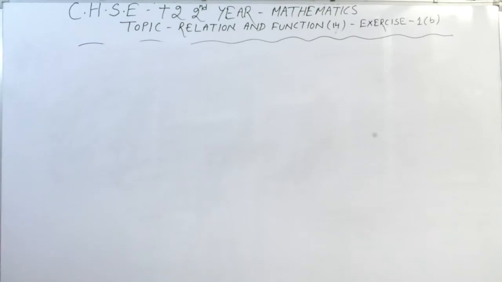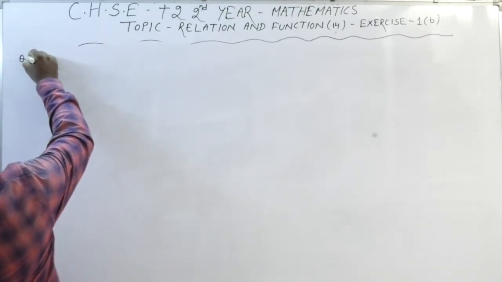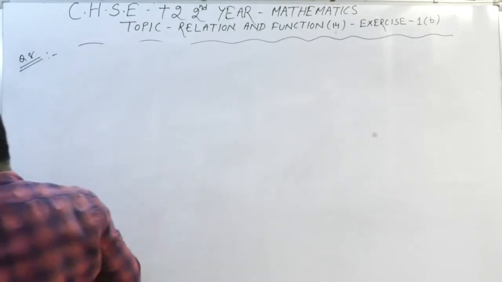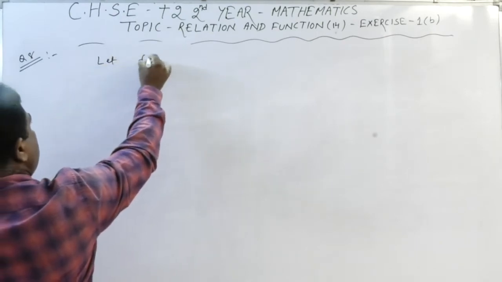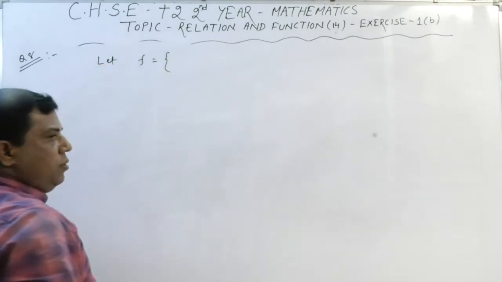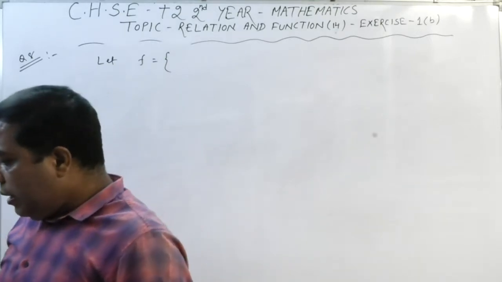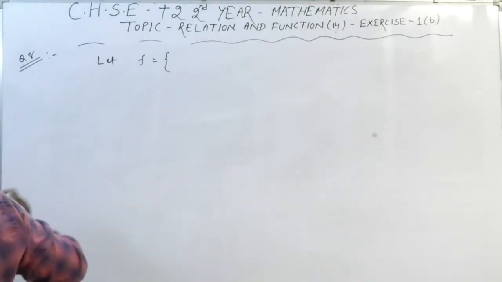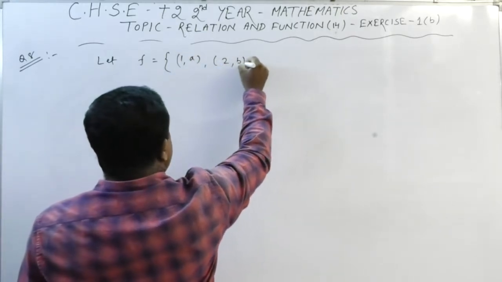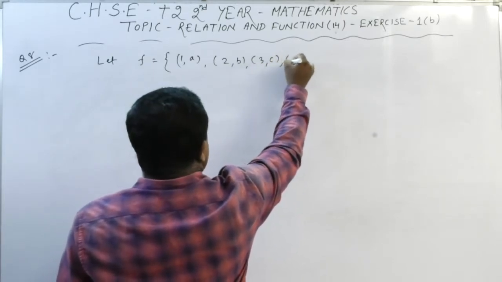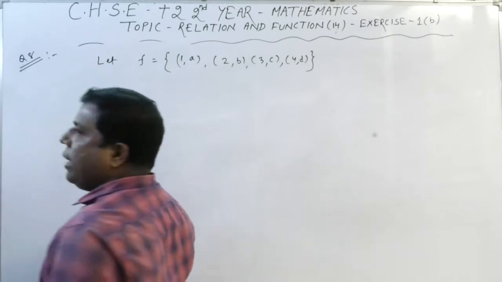Question number 8 is: let f be a function which is given, and g a function given. It is mentioned as 1 corresponds to a, 2 to b, 3 to c, 4 to d. Here you can identify what is the domain element and what is the range element.